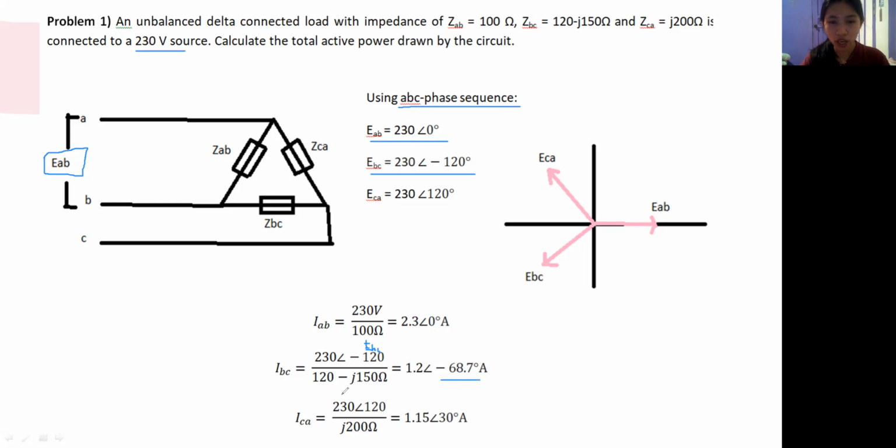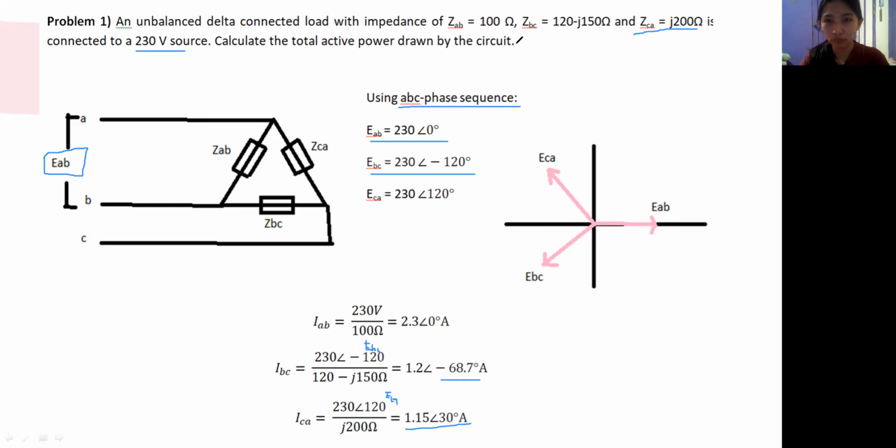Then this is just ECA divided by the impedance of j200 ohms. If you calculate that, you will have the value of 1.15 angle 30 amperes.